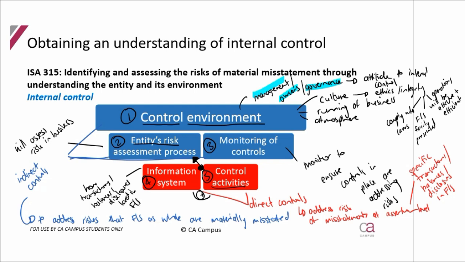How the information travels from initiating a transaction all the way through to recording it in the accounting records so that it ends up in the financial statements, and how the disclosures end up in the financial statements, and how the balances end up in the financial statements, how they're revalued and how they are calculated. So the information system, guys, is so important in achieving the fairly presented financial statements, because this is how the accounting records generate the financial statements.